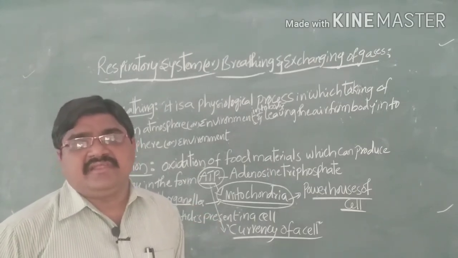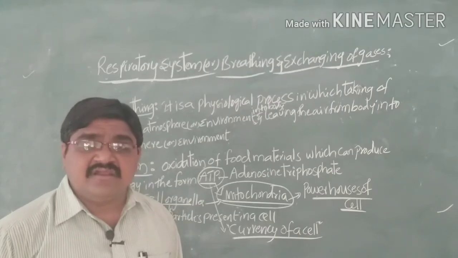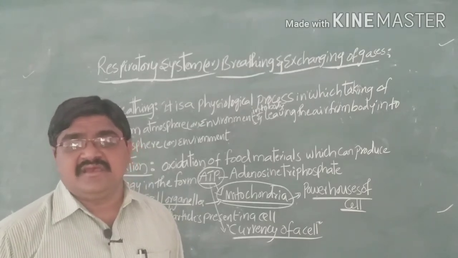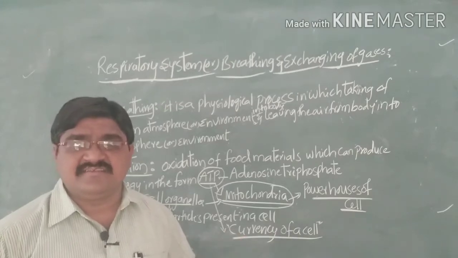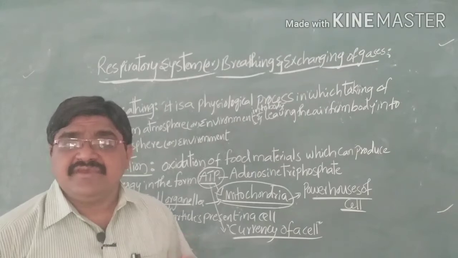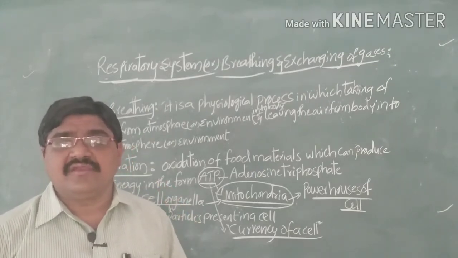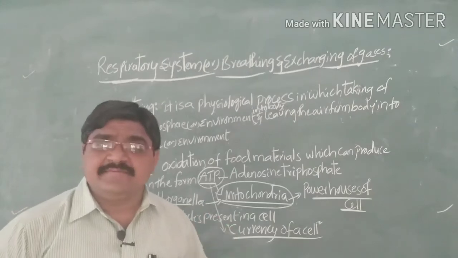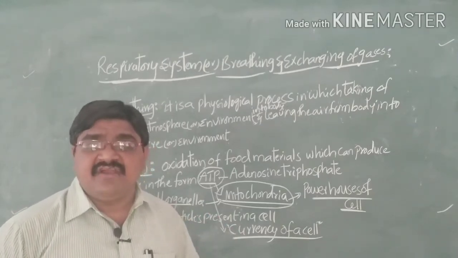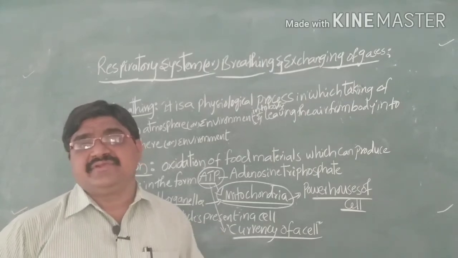In respiration, based on the presence or absence of oxygen, respiration is classified majorly into two types. One we call aerobic respiration, and the second one we call anaerobic respiration.